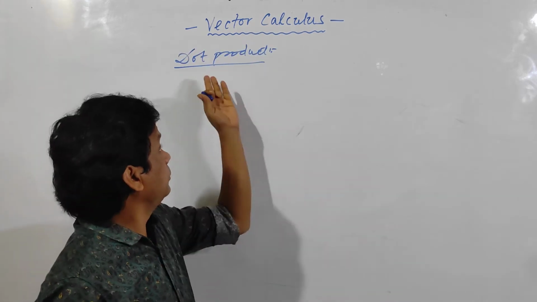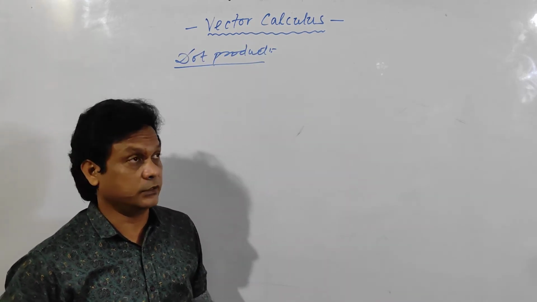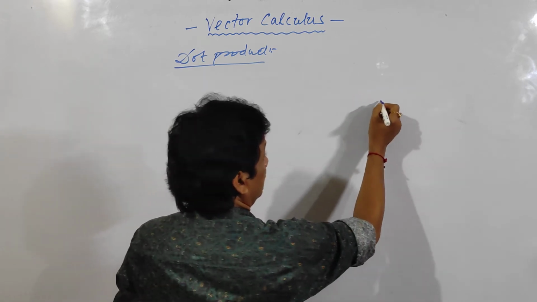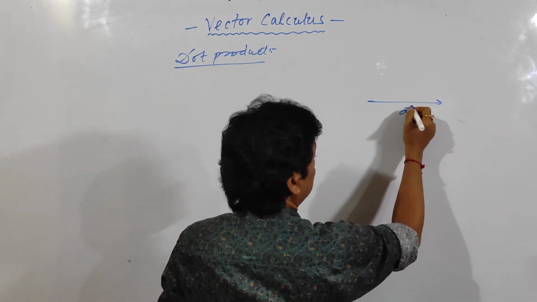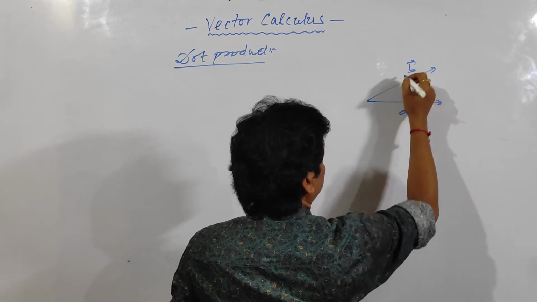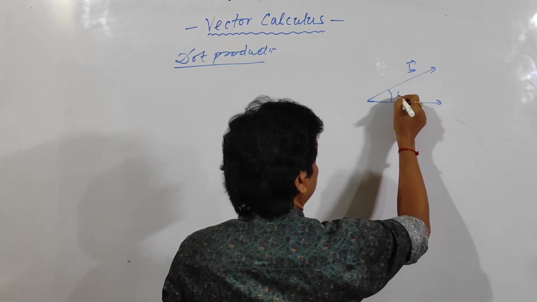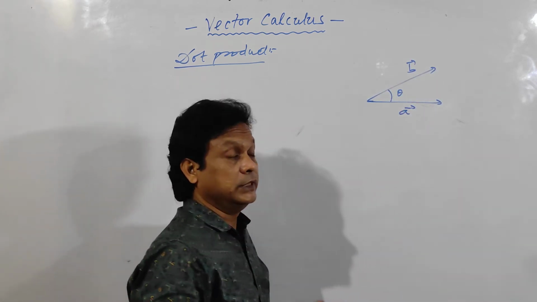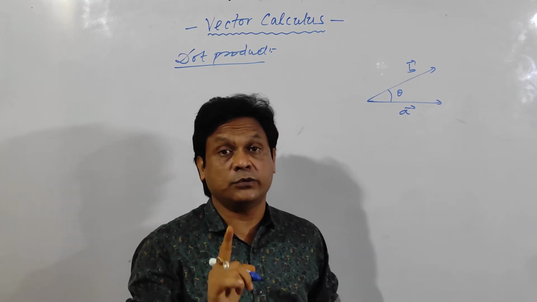See here. Now I am going to tell you about the dot product of two vectors. Listen clearly. Here, this is A vector and this is B vector, and the angle between them is theta. And remember, the angle should always be measured in the anticlockwise direction.